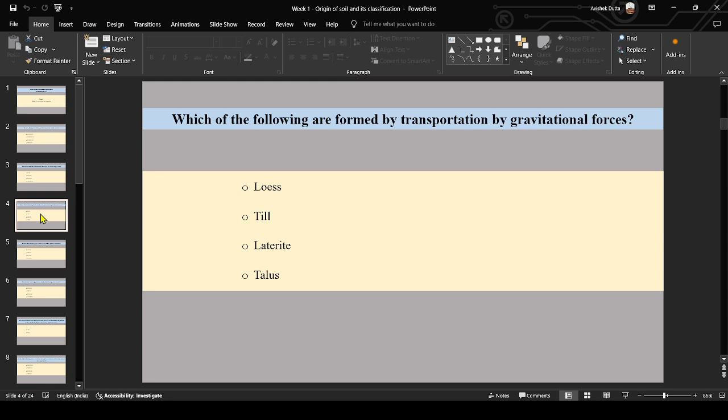Among those, if gravity is the transportational force, which of these soils will be formed? The options are loess, till, laterite, or talus?